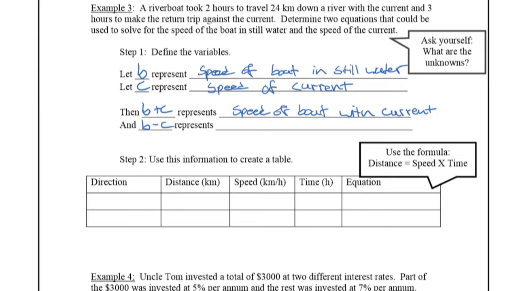And then B minus C is going to be the speed of the boat against the current, so if that boat is trying to fight the current. All right, we have two directions. We have the direction with the current, and we have the direction against the current.